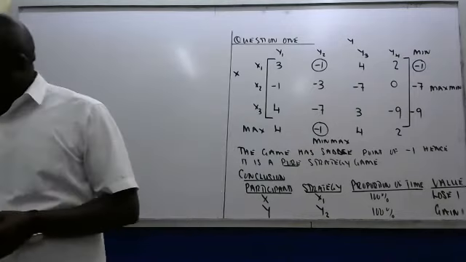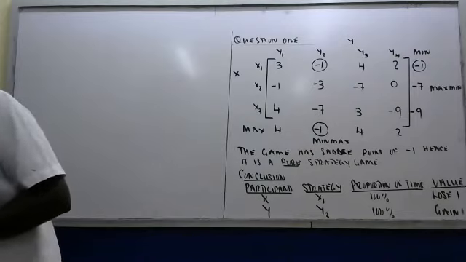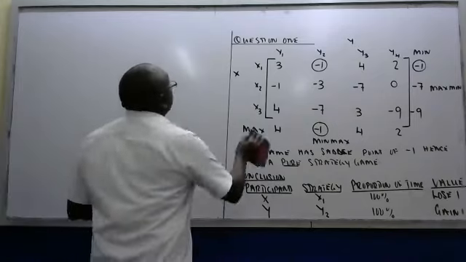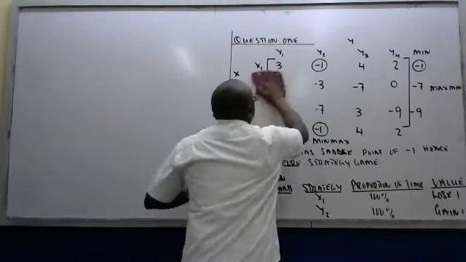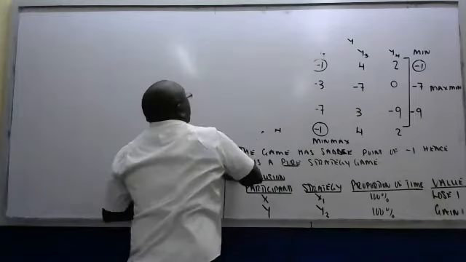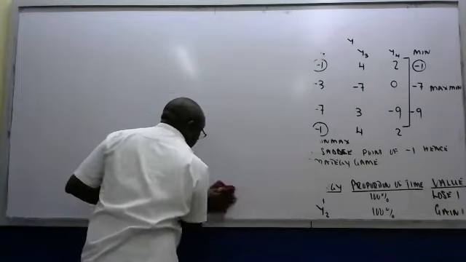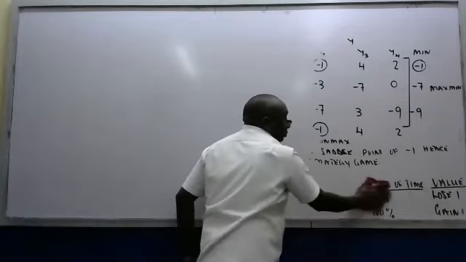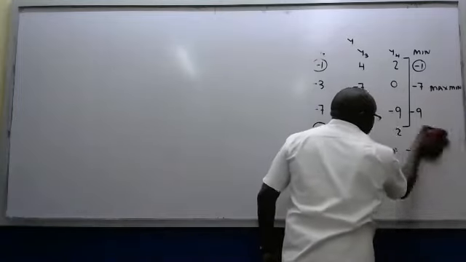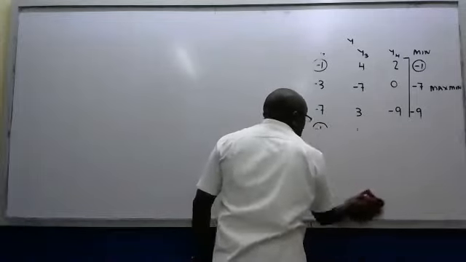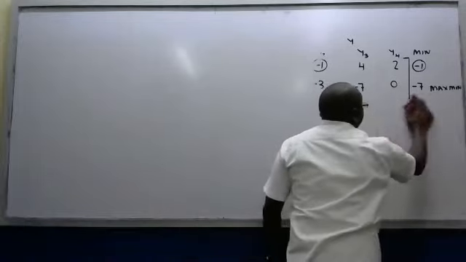Okay, the rest we can read as we go. Up to that point, how many participants are in that game? There are 2 participants. Good. What do you think are the strategies?